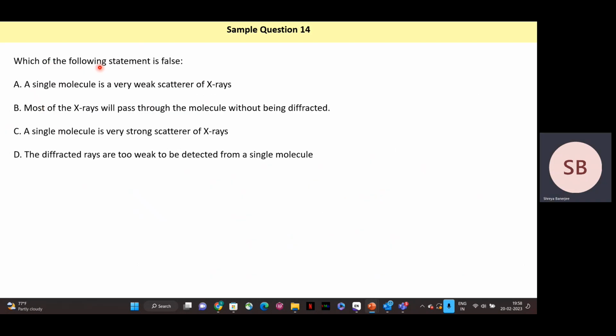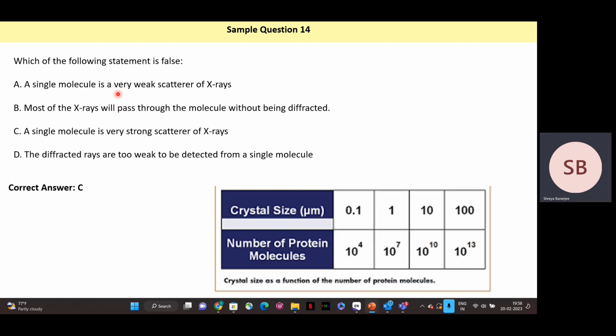The next question is: which of the following statements is false? The correct answer is C. This is because, if you remember towards the beginning of this session, I had discussed that a single molecule is a very weak scatterer of X-ray, because most of the X-rays pass through the molecule without being diffracted.